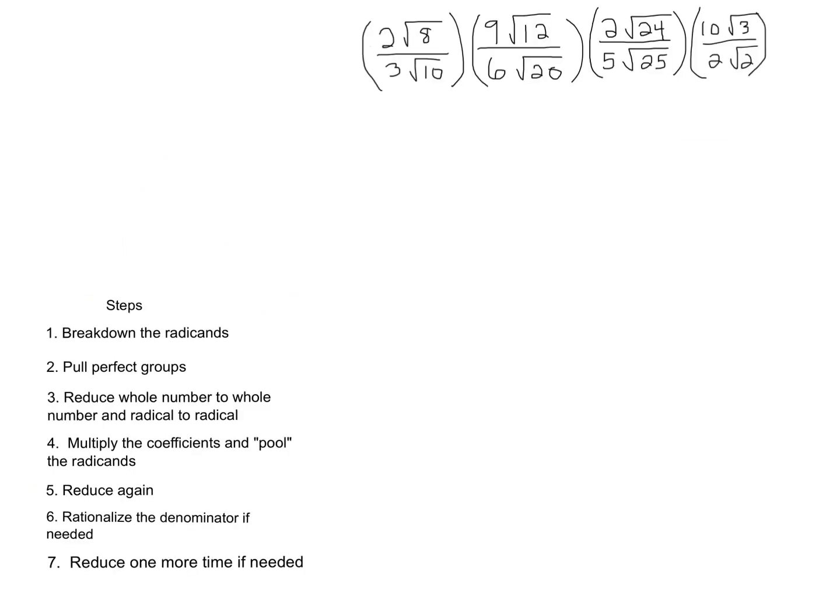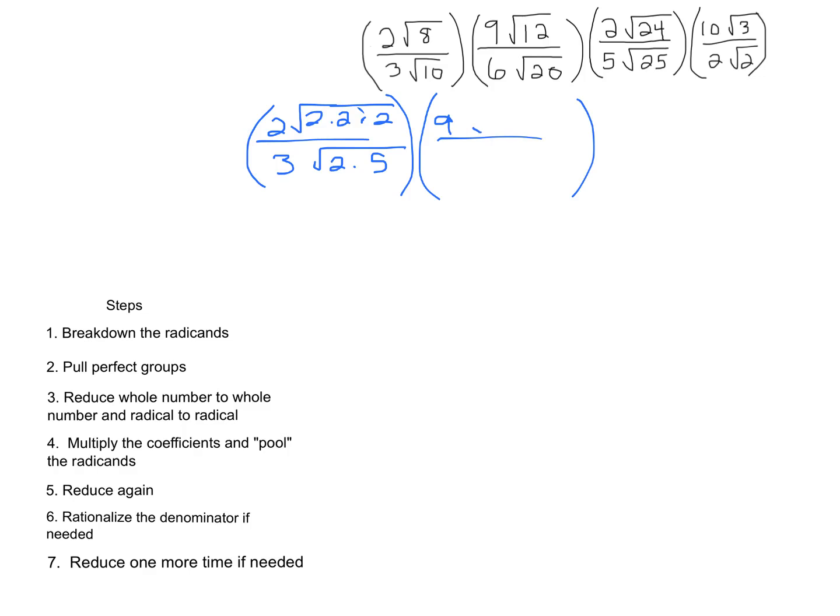Alright, here's where it gets a lot more fun when we have a lot more involved here. Okay. So first thing I'm going to do is break down the radicals. So 8, I know, is 2 times 2 times 2. 3 radical 10, 2 times 5. 9 radical 12.